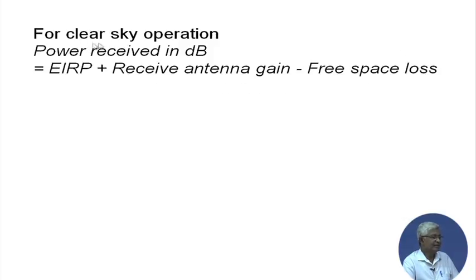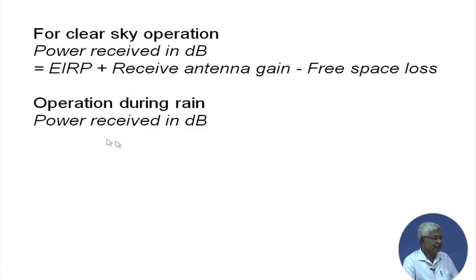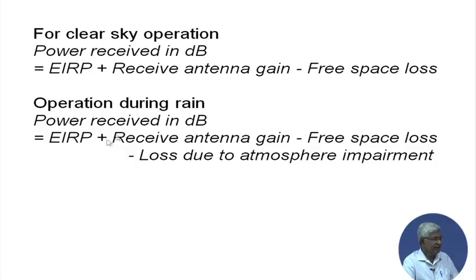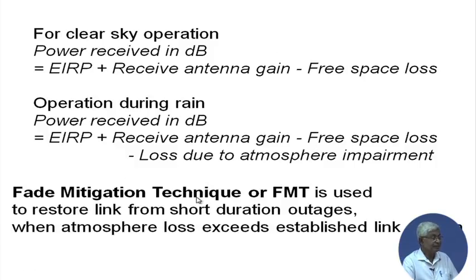This is in the clear sky, there is no rain. During rain, power received in dB will be the same EIRP plus receive antenna gain minus free space loss and minus loss due to atmospheric impairment. Now, all these plus and minus, when we are talking, are in dB, you have to remember that. So, something is being subtracted, that is loss due to atmospheric impairment.